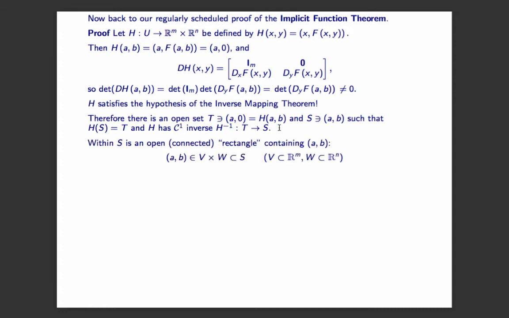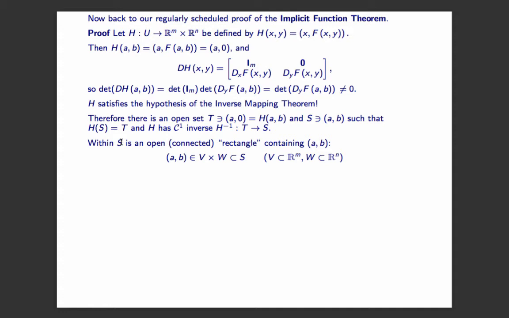Now, remember S is the domain on which H is invertible. Of course, who knows what the shape of S is. But within S, by the definition of open, remember S is a set of ordered pairs, the fact that it's open means I can perturb the first entry and the second entry of the ordered pair by some amount and still remain in the set. That's what it means to be open.